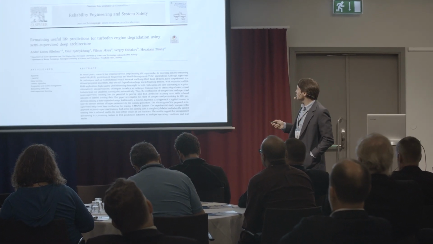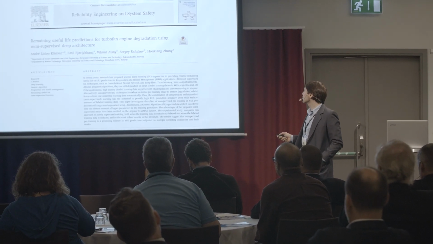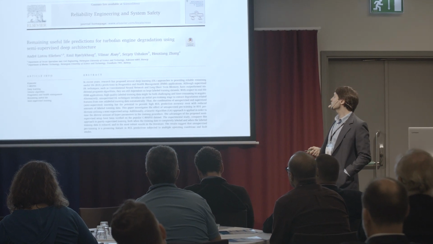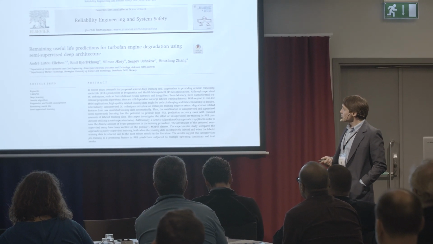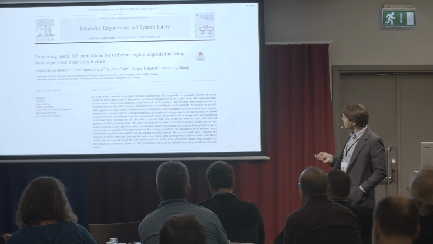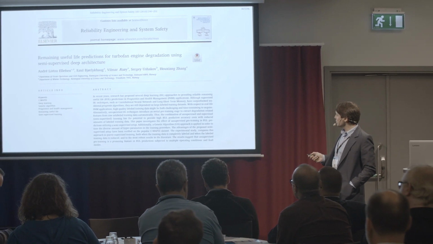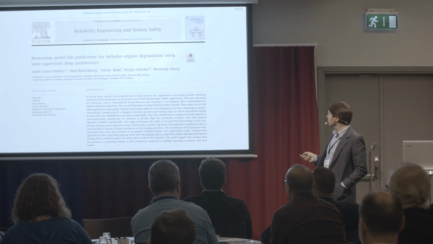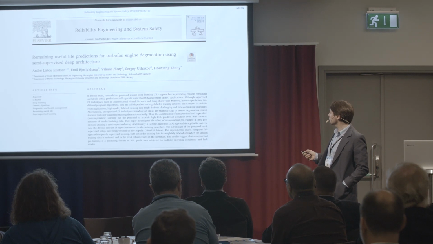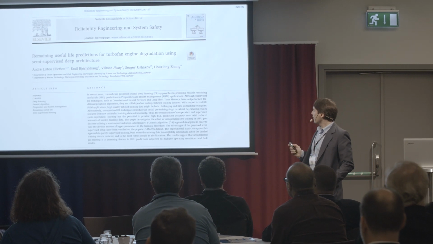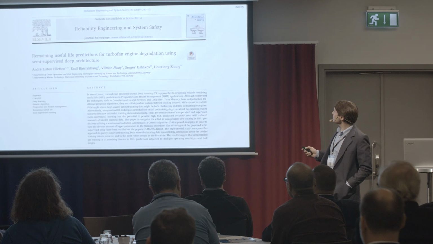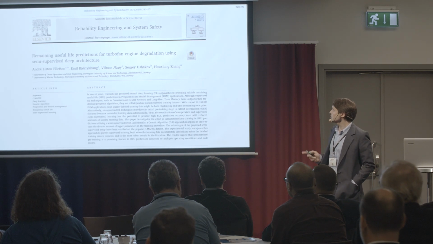Now, I want to talk about remaining useful life prediction of turbofan engine degradation using semi-supervised deep architecture. This paper was written by André Listou Ellefsen, Emil Bjørlykhaug, Vilmar Æsøy, Sergey Ushakov, and Houxiang Zhang, and it was published in the Reliability Engineering and System Safety journal.